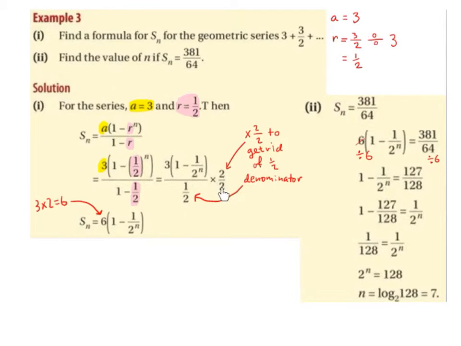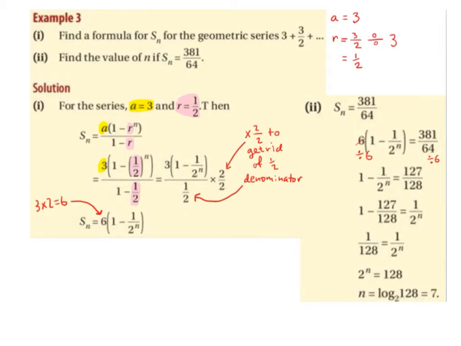And a half multiplied by 2 is a half multiplied by its reciprocal, so that's always going to give us 1. So it's going to be 6 times 1 minus 1 over 2 to the power of n. So now we have a formula for Sn for this geometric series, and this is our formula.